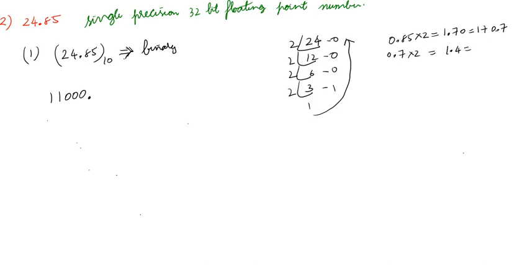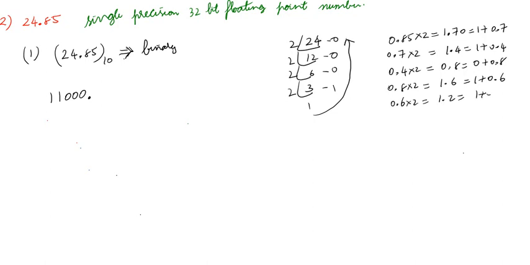Write it as 1 plus 0.4. Again take the fractional part, 0.4 multiply with 2, which is 0.8. You can write this as 0 plus 0.8. Take 0.8 multiply with 2, which is 1.6, 1 plus 0.6. Take 0.6 multiply with 2, which is 1.2, which is 1 plus 0.2.